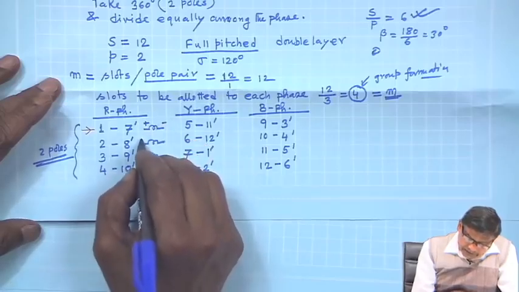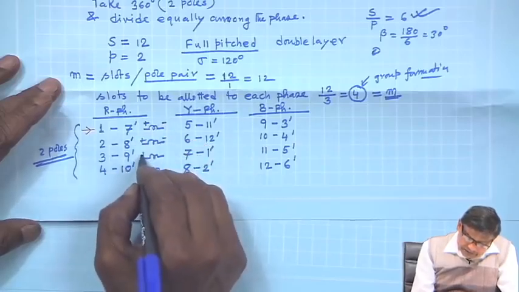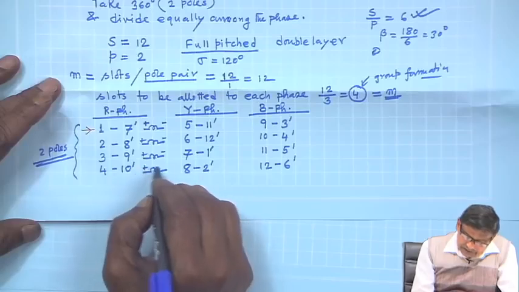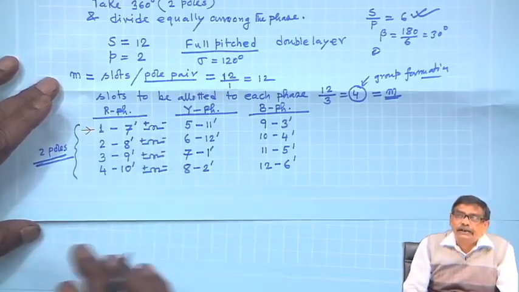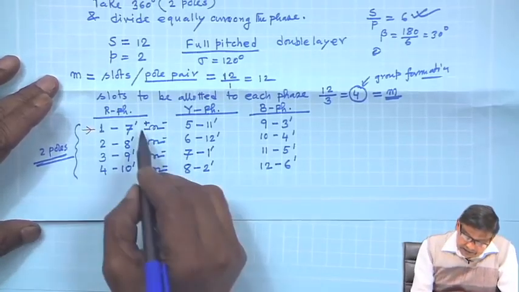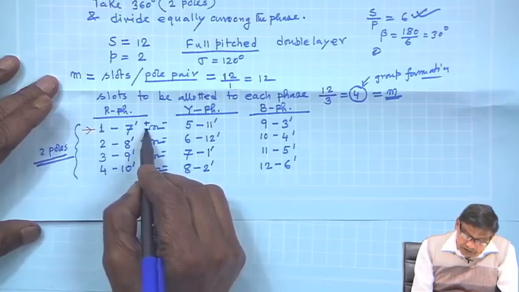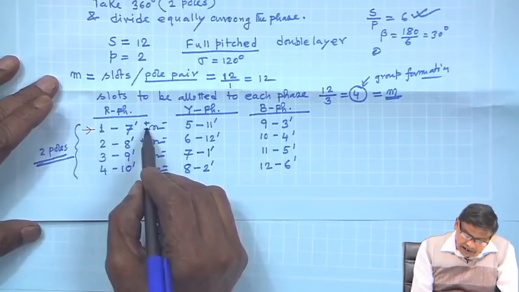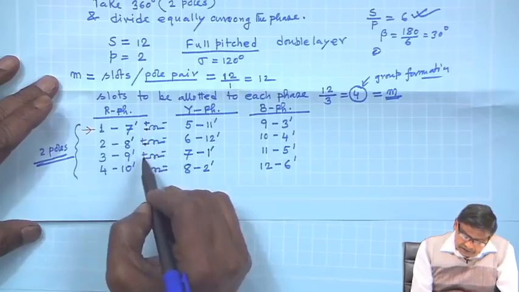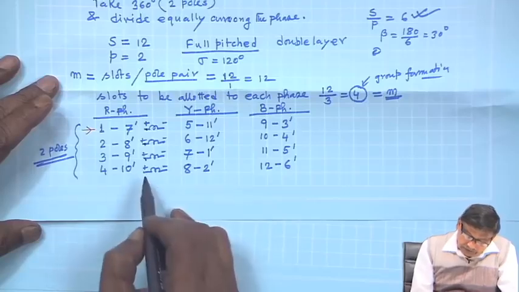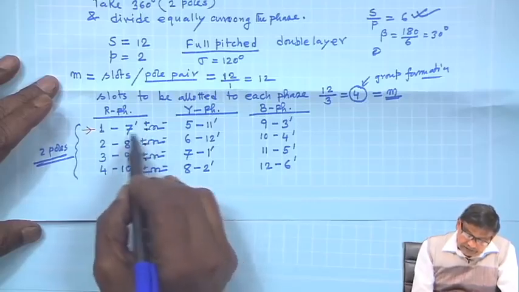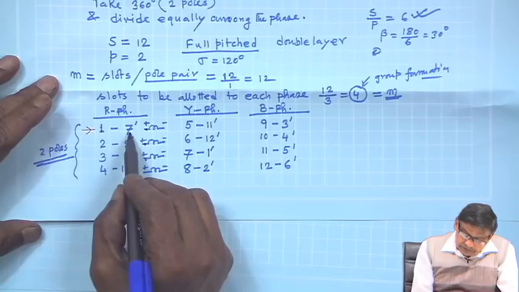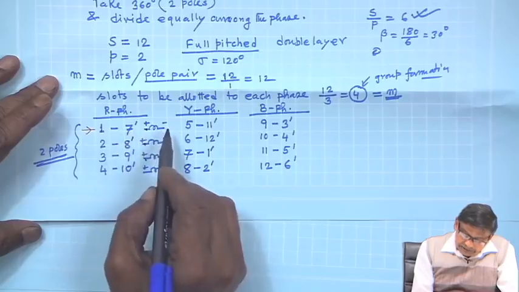So, plus minus, plus minus, plus minus, plus minus. This way I have to write the voltage, indicating that this potential 1 and potential 2 will lag this by angle beta, this will lag by beta, this will lag by beta. So, the polarity of the voltage of this coil side with respect to that will be like this.